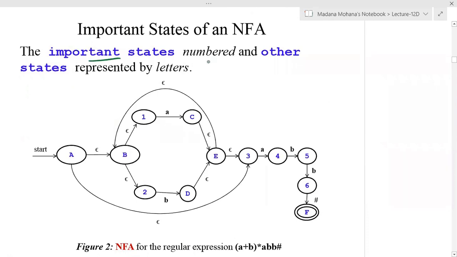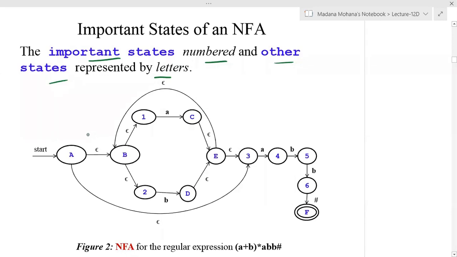The important states are numbered and other states are represented by letters. A state is important when it is labeled with an input symbol, and that is denoted with a number. All other states are represented with letters.